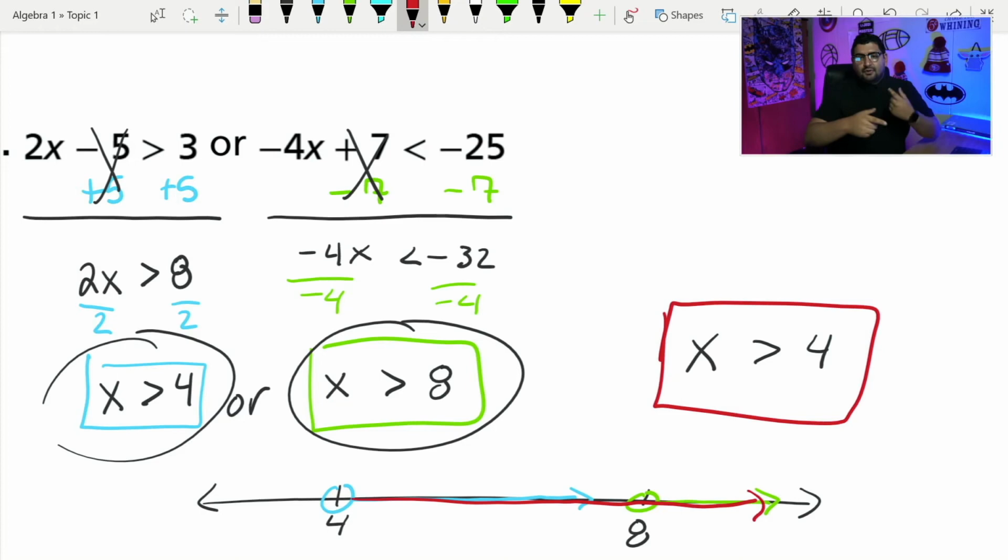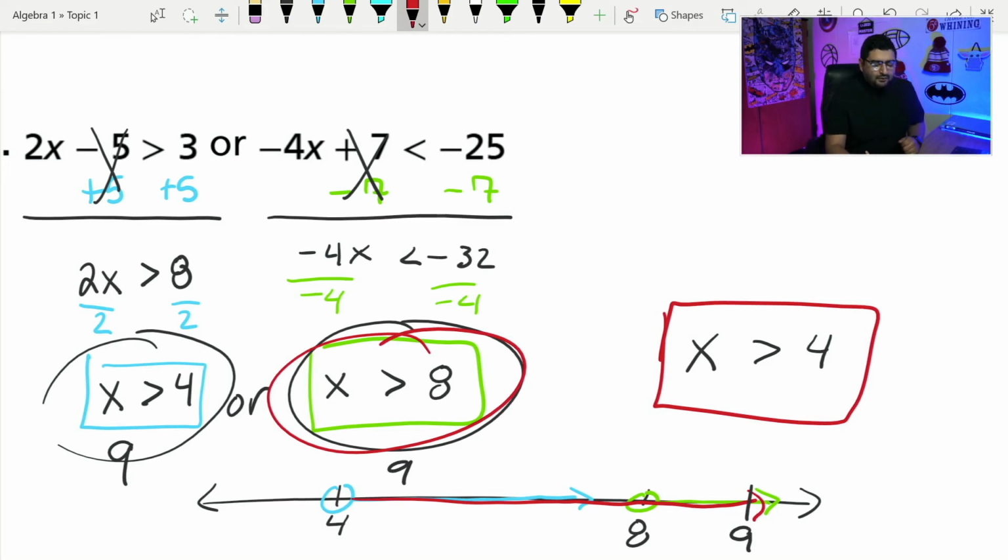All those values sort of overlap. To give you a more specific example, if I'm talking about the number 9, 9 would work for this inequality because it is greater than 8, but 9 would also work for this inequality because it's greater than 4. So we can ignore this part of my inequality, x greater than 8, and I only have to write x is greater than 4.